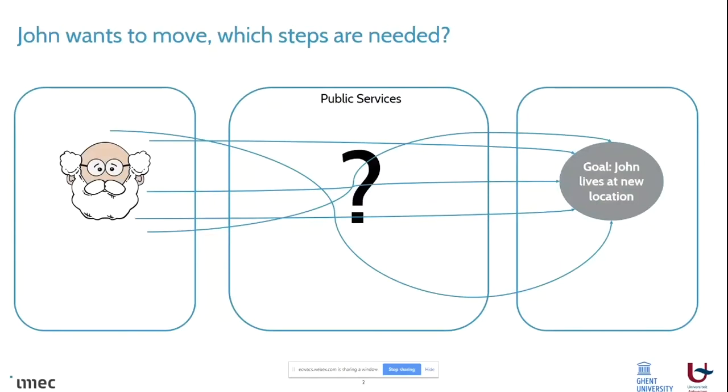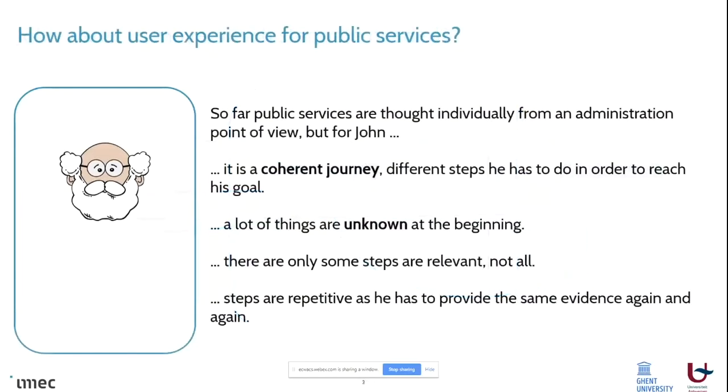So our use case is onboarding in a new municipality. Here simplified, shown as the goal that John lives at a new location. And in the middle, you see the big question marks and a lot of paths. And these are a lot of ways and steps John can do in order to reach the goal. And the idea is that we find the optimal series of steps for John to reach this goal.